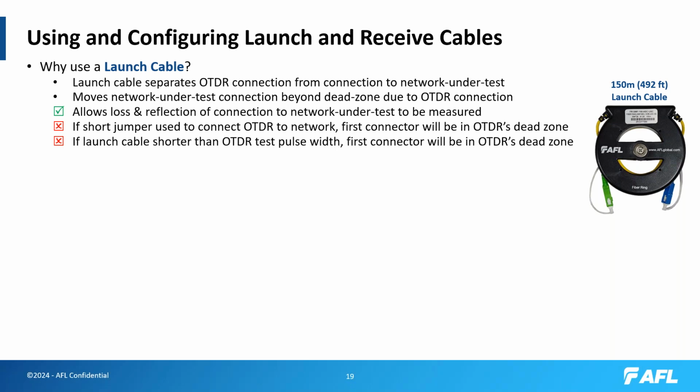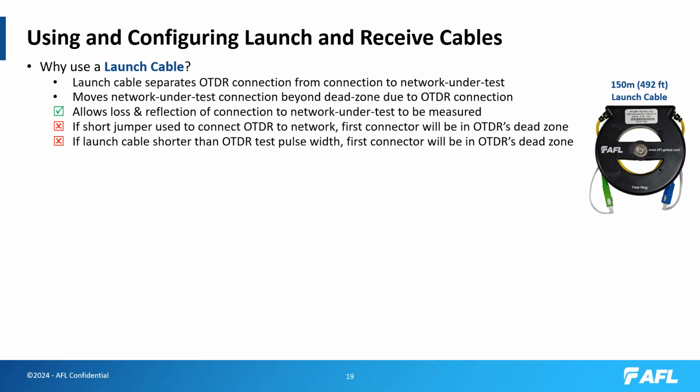And once we begin to use the wider pulse widths, we've already characterized the network close in. So we don't care about the dead zone at the OTDR when we're using our wider pulse width. So with smart auto mode or multi-pulse acquisition, you can generally use shorter launch cables.